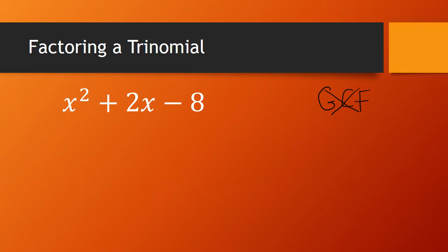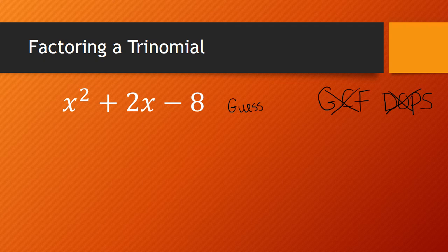The second method that I can use is factoring the difference of perfect squares. And looking at this trinomial, the only perfect square that I see is x squared, and the rest of the terms do not include perfect squares. That's why DOPS is not going to work. So the last method that I have to use is guess and check.